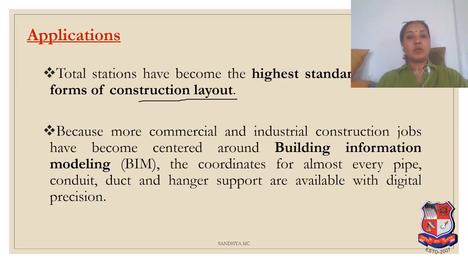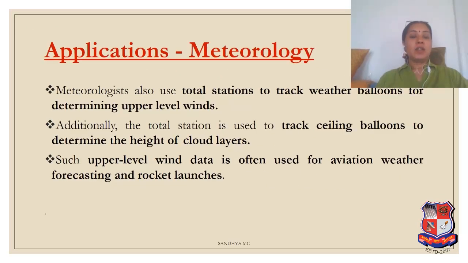Another one is that commercial and industrial construction jobs are now centered around building information modeling. The coordinates for every pipe, conduit, duct or hanger support are available with digital precision with the help of this total station. Another application is in the field of meteorology, where total station is used for tracking weather balloons for determining upper level winds.